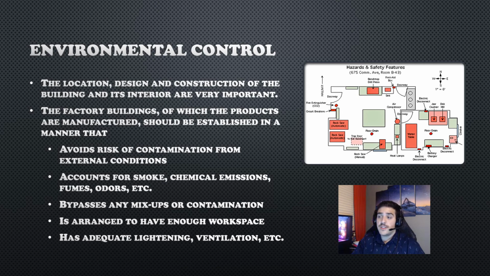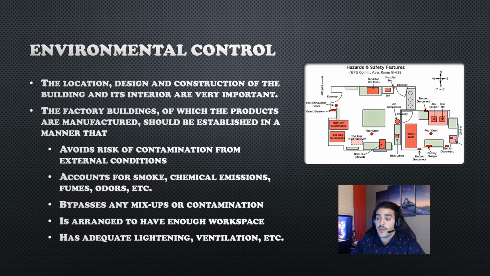The factory buildings in which the products are manufactured should be established in a manner that avoids the risk of contamination from external conditions, accounts for smoke, chemical emissions, fumes, or odors, bypasses any mix-ups or contaminations, is arranged to have enough workspace, and has adequate lighting, ventilation, etc. So basically, it's just very important to have a safe environment. It talks about avoiding risk of contamination, which could lead to severe injuries and death.